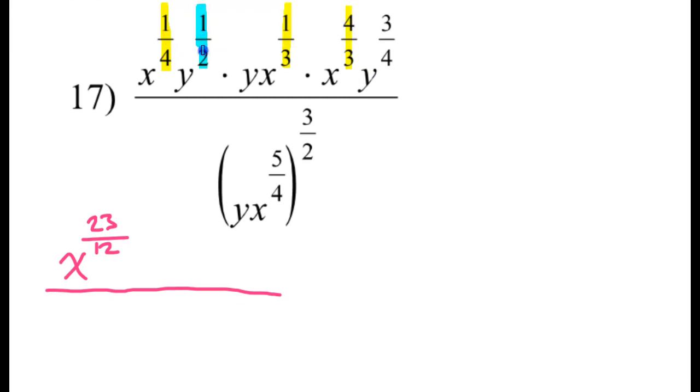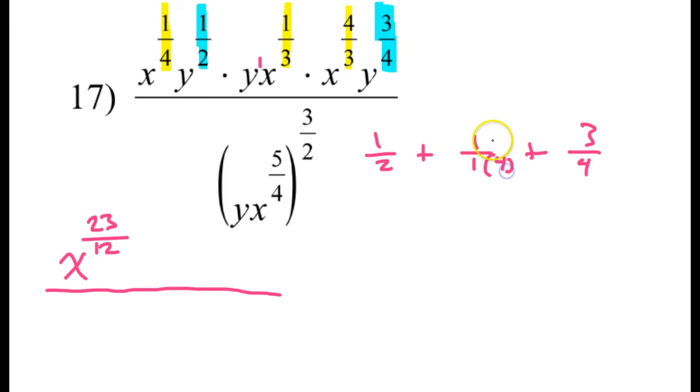So now I need to do the same thing with the y's. For the y's, I've got 1/2, and I've got 3/4, and I've got 1, just the 1 power. So I need to add those three things together. I need to add 1/2 plus 1/1, I guess, plus 3/4. I can make all these into 4s.